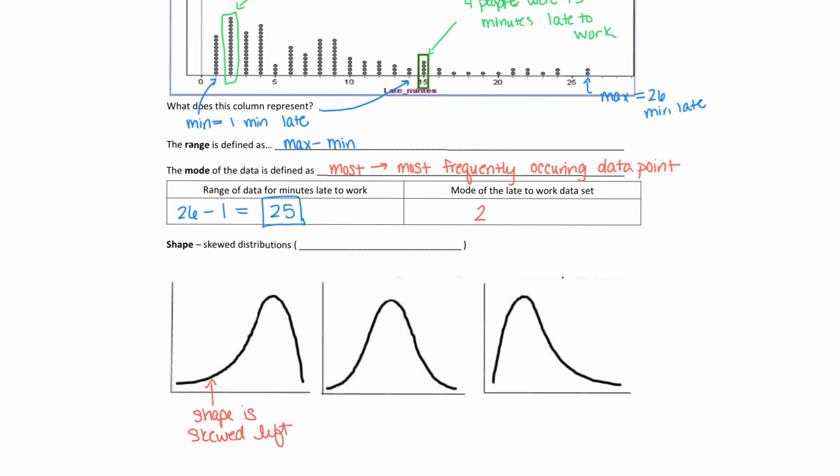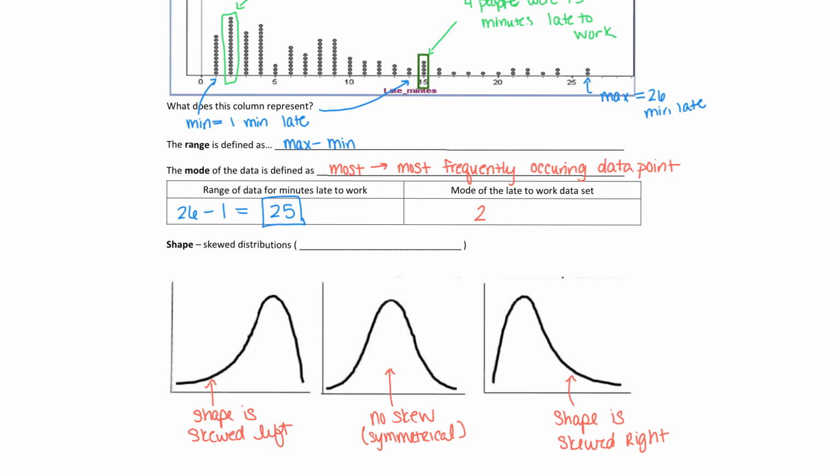On the far right, we see a picture where we would say the shape of this data set is skewed to the right. And here in the middle, you can see it doesn't look like it has a tail flowing off. We would say this has no skew. It kind of looks symmetrical. Sometimes we call that normally distributed with no shape.